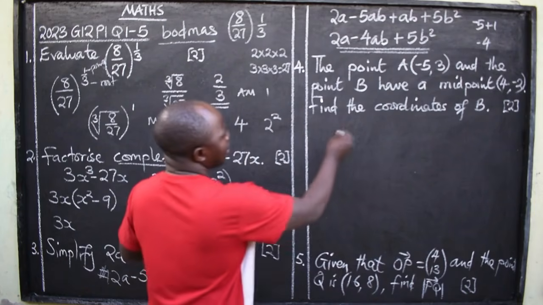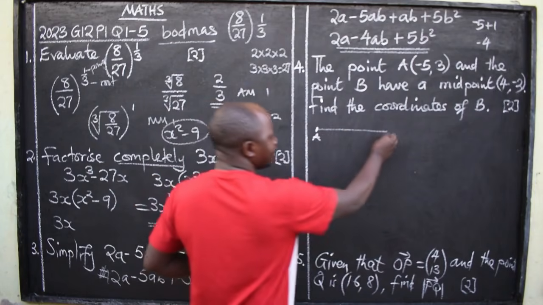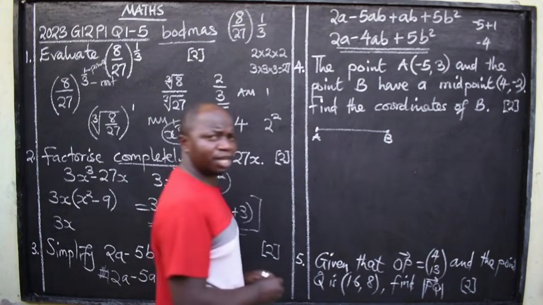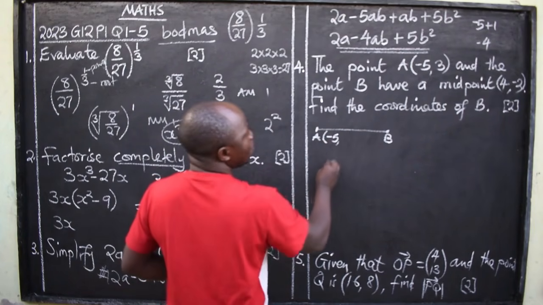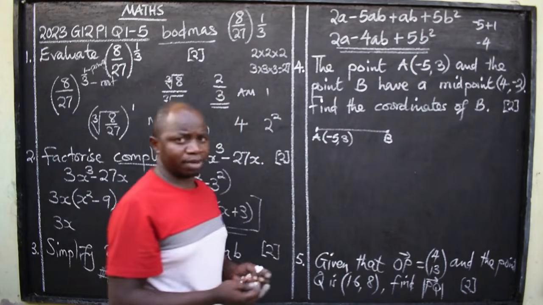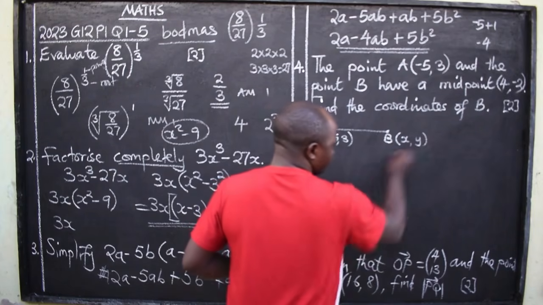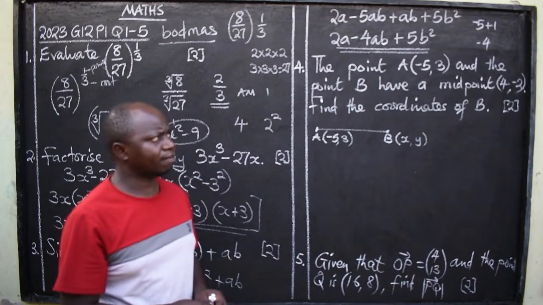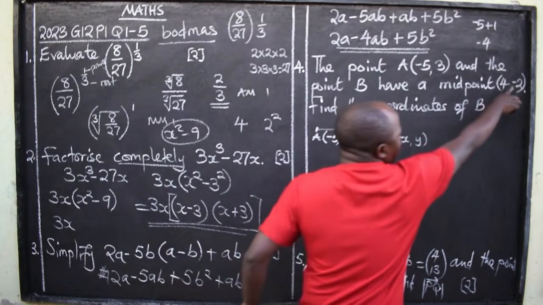So this is what they are talking about. Let's say this is point A. This is point B. That is what they are talking about. So this point A is -5, 3 on the Cartesian. Then point B here we don't know. So we'll be able to write it in that manner. Then they're saying their midpoint is 4, -2.